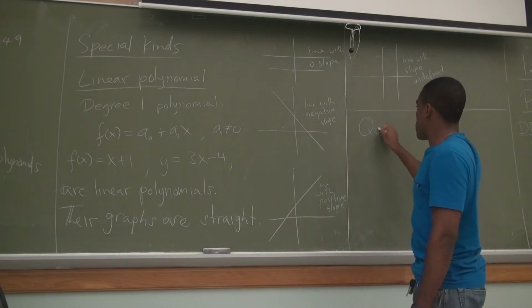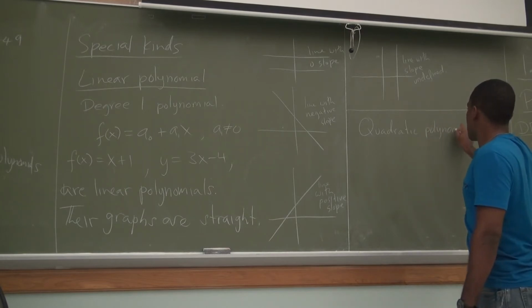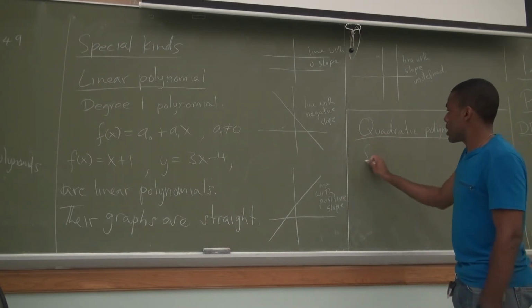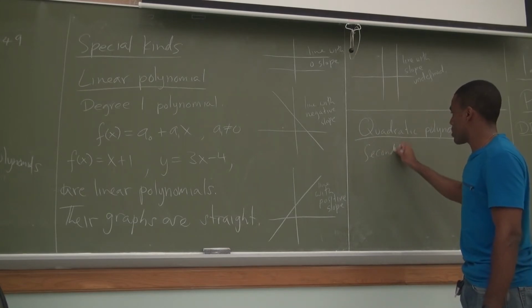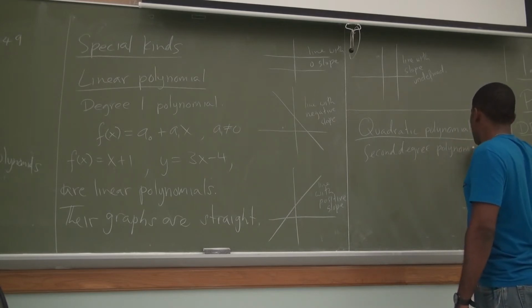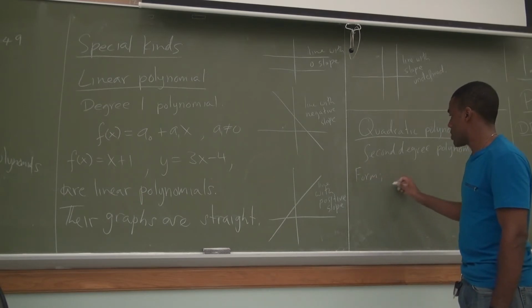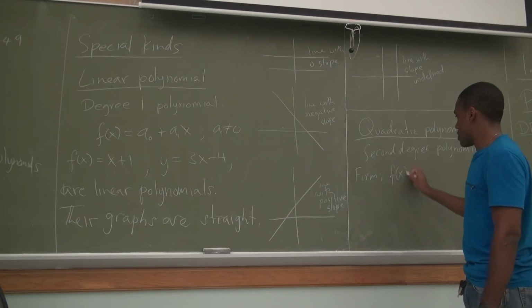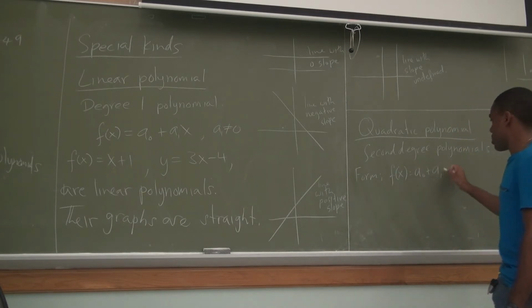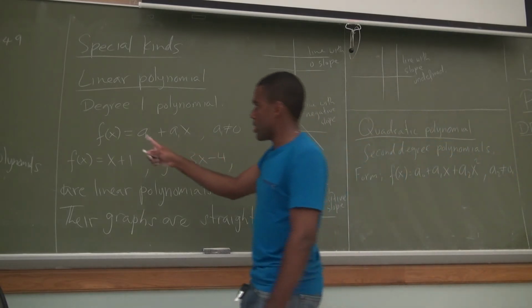Another guy that we see all the time is a quadratic polynomial. These are second degree polynomials. So the form is f of x equals a0 plus a1x plus a2x squared, where a2 is not equal to 0. And of course here the a's are constants, right? I mentioned that before.